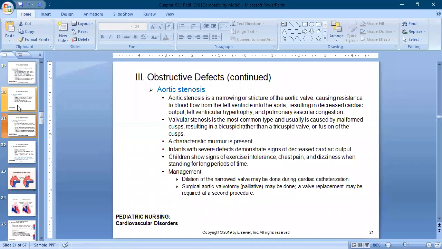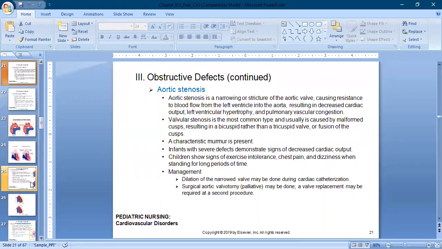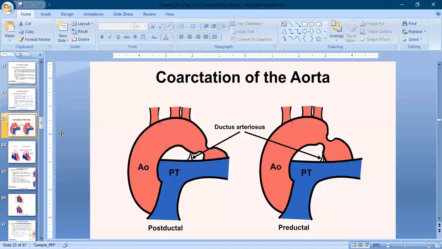The first obstructive defect is aortic stenosis. Like in this picture, this is the arch of aorta. This aorta is narrowing, right? It is called aortic stenosis, narrowing of the aorta or aortic valve basically.